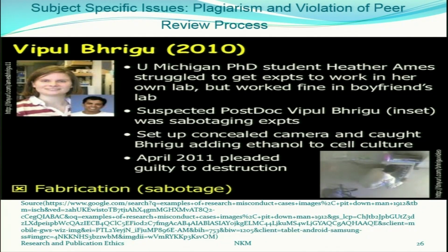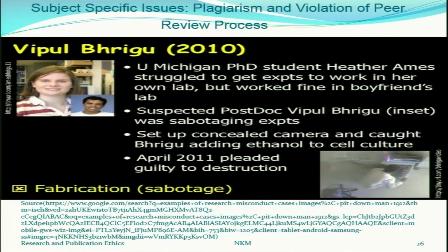The next case is also very interesting. That's fabrication in research experimentation, a case from the University of Michigan. One PhD student, Heather Ames, struggled to get experiments to work in her own lab, but when she was conducting the experiments in her boyfriend's lab, they were giving the right results. So she suspected that somebody was doing something.